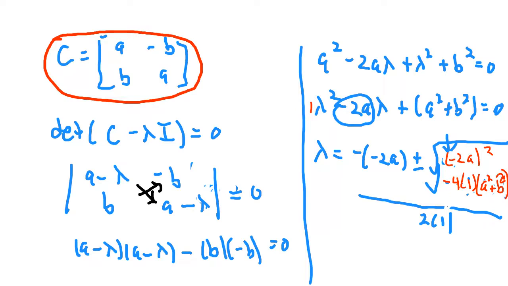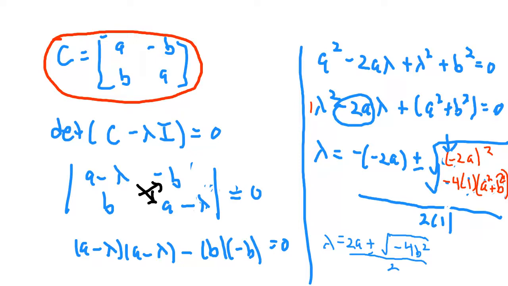And so lambda will equal 2a plus or minus the square root of negative 4b squared, all over 2.